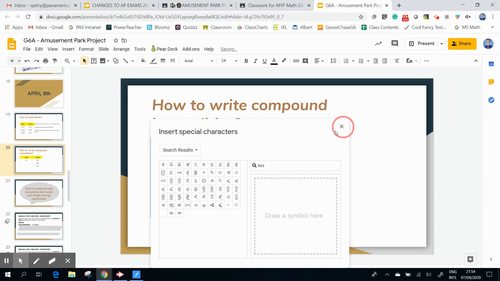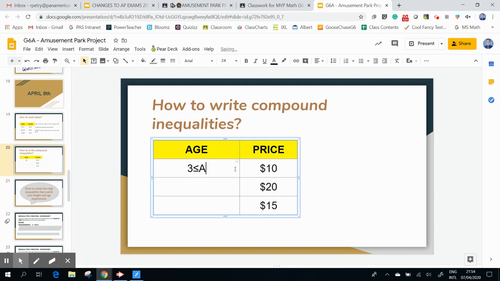I click on it, it will automatically go here. Then I can select the symbol. I press Control C or Command C to copy the symbol onto my clipboard. And then I press Control V to paste it. And I start using this symbol.